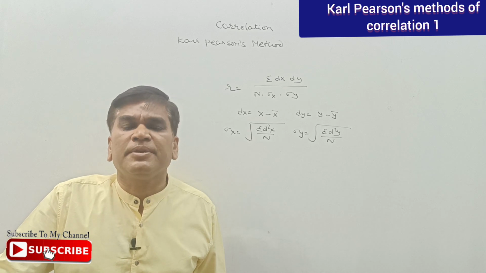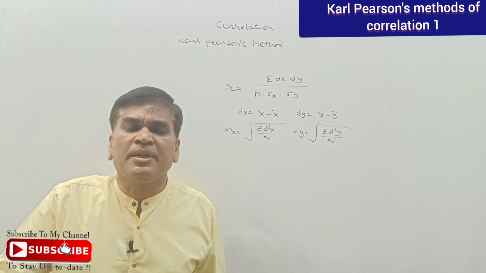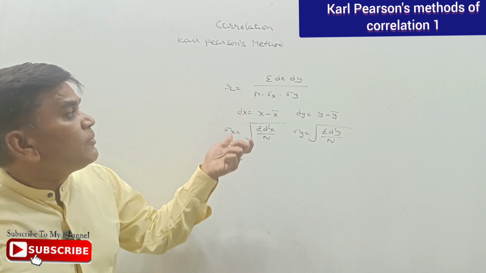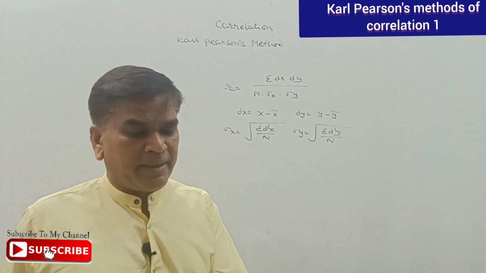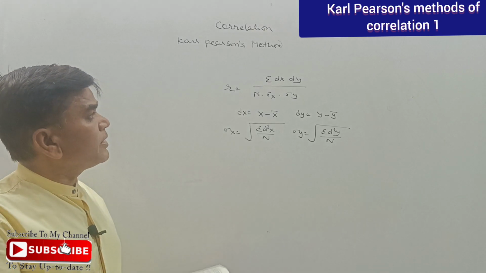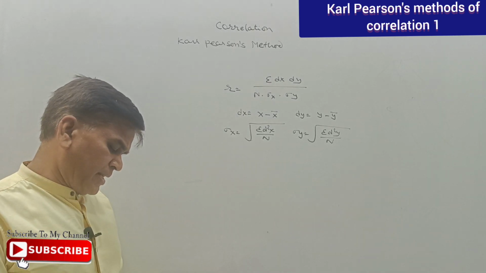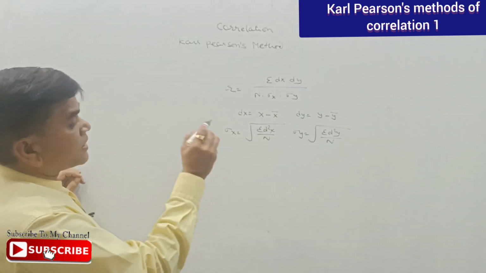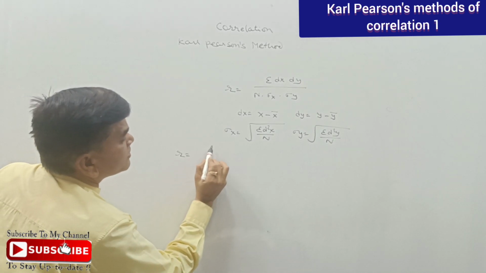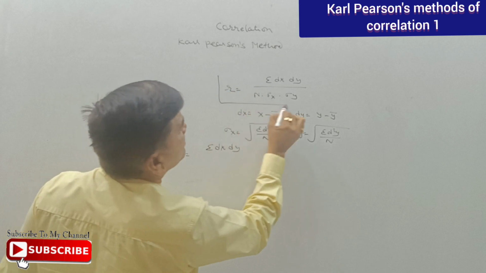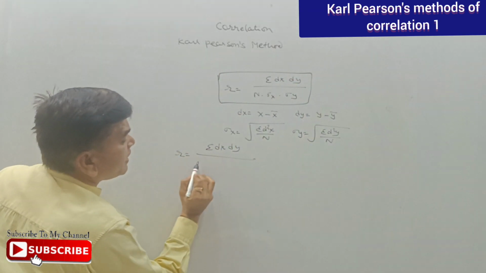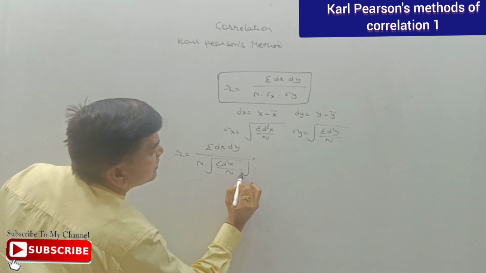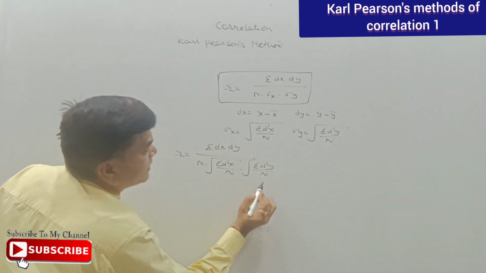For measuring the correlation, first we calculate the standard deviation of the x series and the standard deviation of the y series, then put all the values in: sigma dx dy upon n divided by the standard deviation of x and the standard deviation of y. So r is equal to sigma dx dy divided by n multiplied by the root of sigma d square x upon n and sigma d square y upon n.